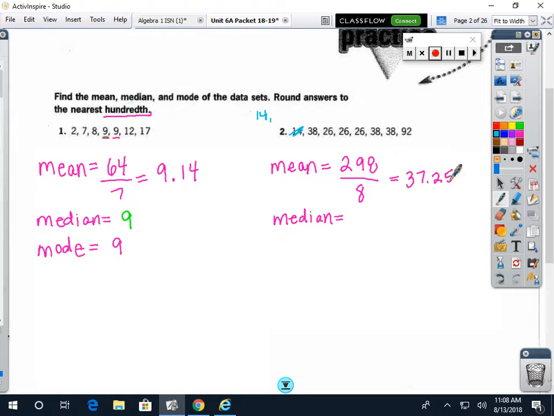They want 2 numbers after. You would only round it if there had been another number here that was 5. You would have made that a 6. But they want you to write at least 2 numbers after the decimal because they said round to the nearest hundredth. Okay, so 14 and then 26, 26, 26. And then after that, right, 38.